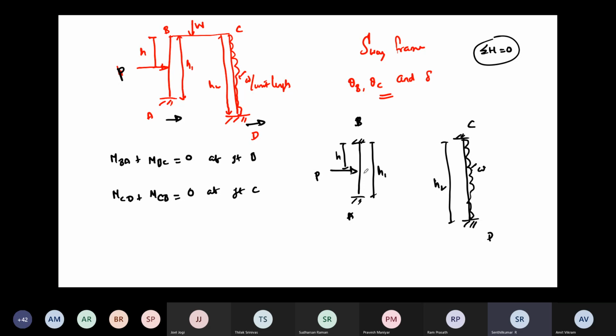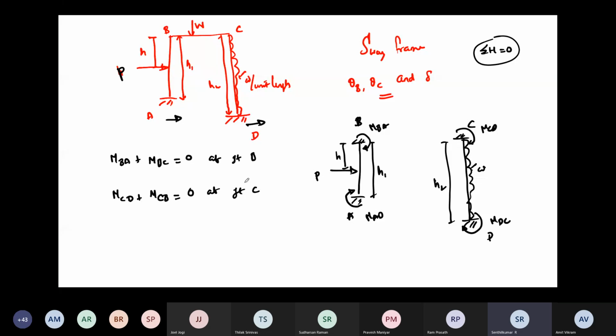If you are deriving an equation in generalized form, please make sure everything is in the positive direction; then in problems you can make values negative as they come. So I assume MAB is a clockwise moment, MBA is clockwise, MCD is clockwise, and MDC is also clockwise. All the moments are in the clockwise direction.